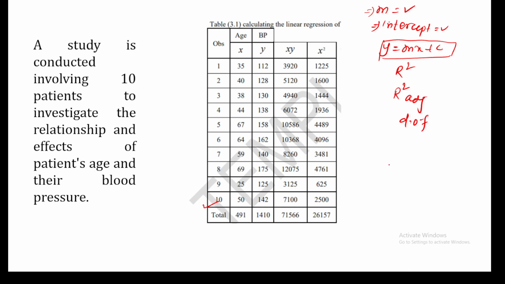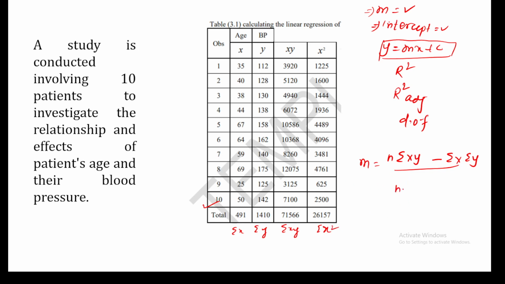In this case, the slope formula will have n sigma of xy minus sigma x sigma y, divided by n sigma x square minus sigma x whole square. Sigma x, sigma y, sigma xy, sigma x square are already given.